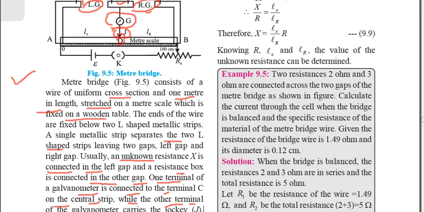In the left gap an unknown resistance X is connected and in the right gap a resistance box is connected, and also the galvanometer is connected between points C and D. At point D it is connected through a jockey J. So that is the connection in the metre bridge.